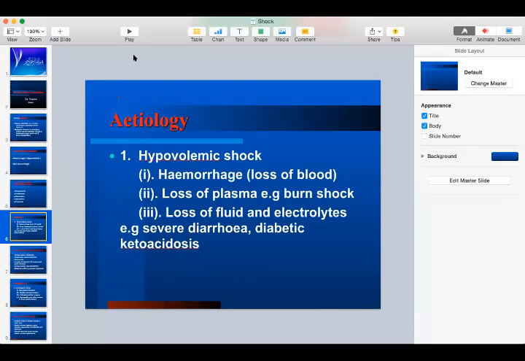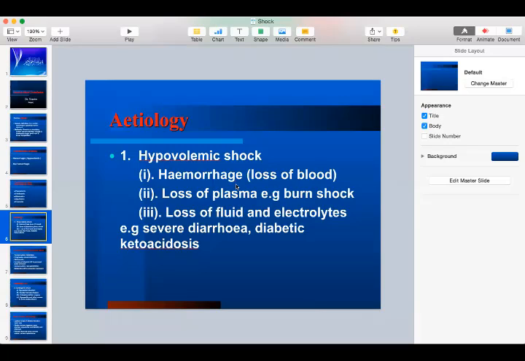And we're going to look at them by their causes. So if you're looking at hypovolemic shock, it could be due to loss of blood, hence known as hemorrhagic shock.